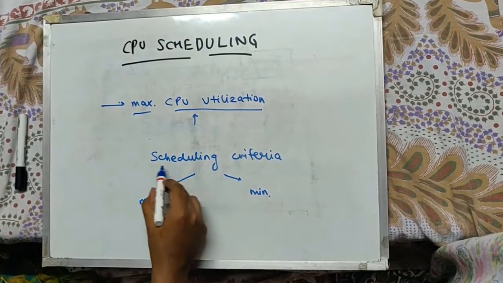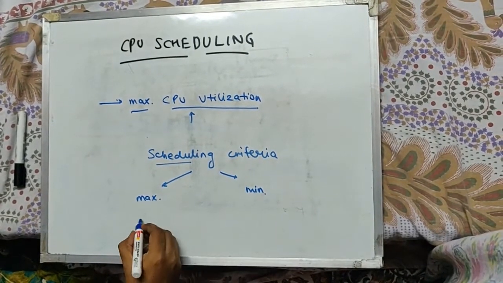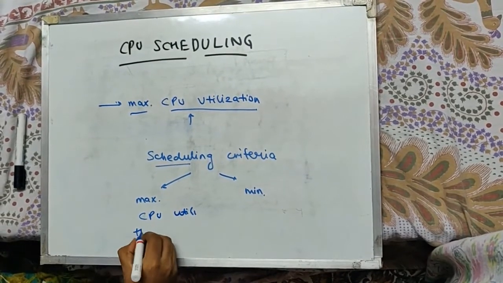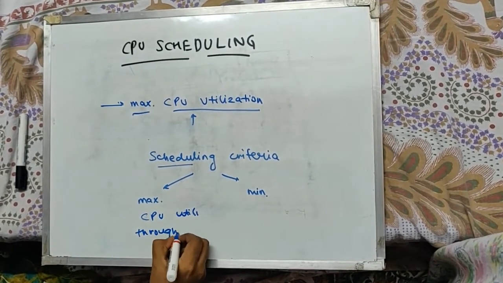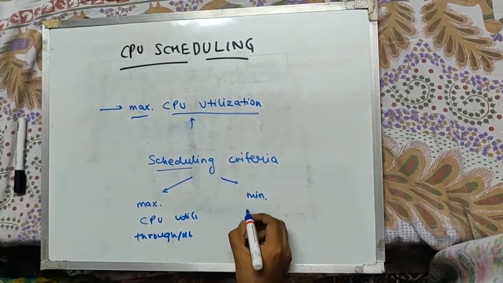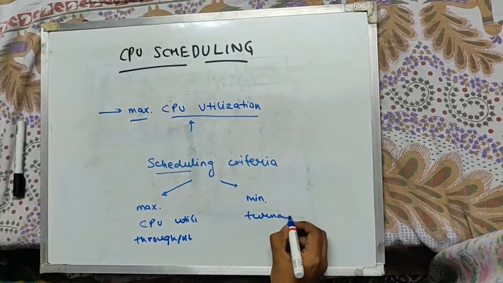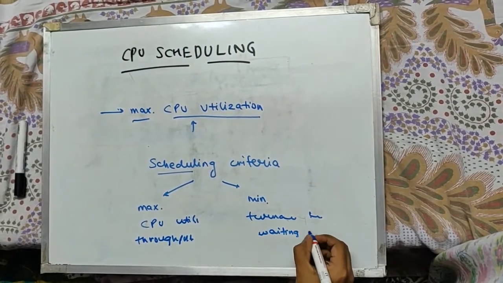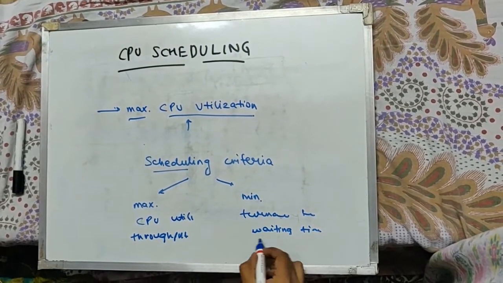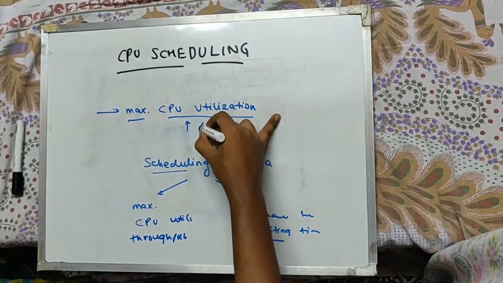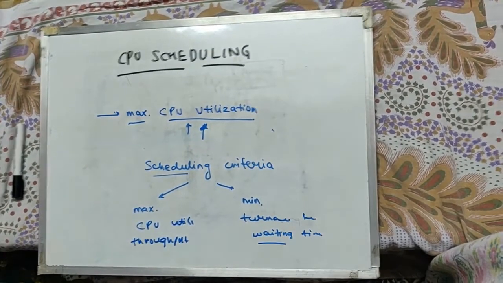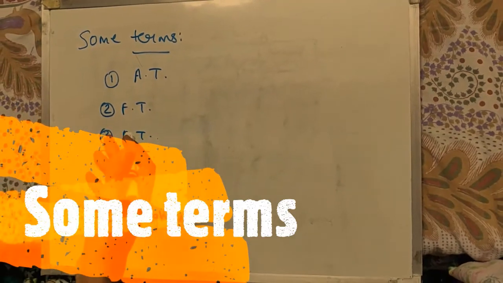So the scheduling criteria are to maximize the CPU utilization and the throughput, and correspondingly to minimize the turnaround time and the waiting time. The ultimate aim is to keep the CPU as busy as possible, that is, to minimize the CPU idle time.